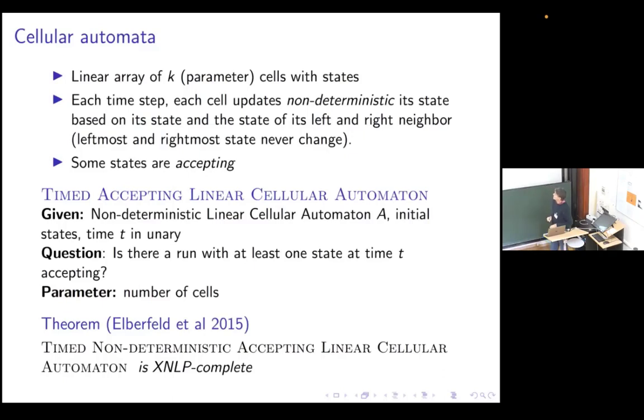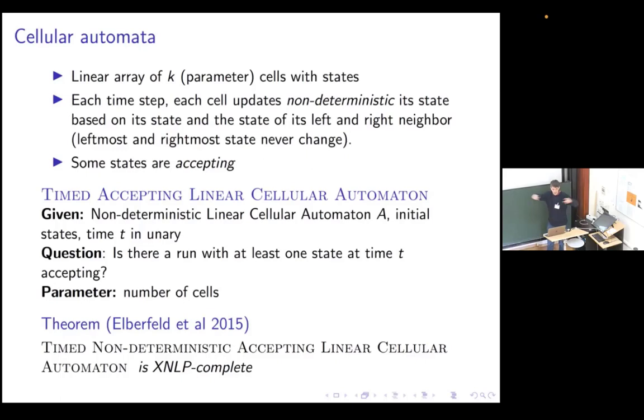So the cellular automata, that was from Elberfeld. What you have is cellular automata, so we have basically an array. Every element of your array has a state, and every time step the state changes. You look at the state of your left neighbor and your right neighbor and your own state, and you get a new state.